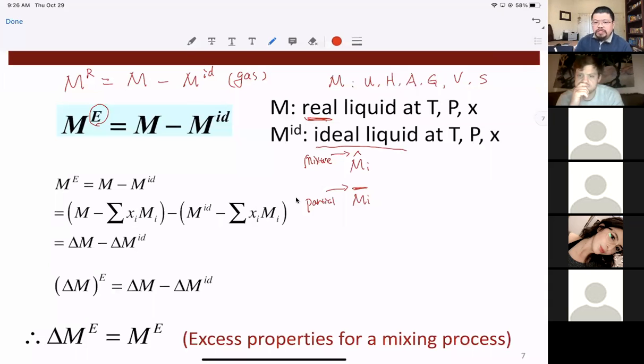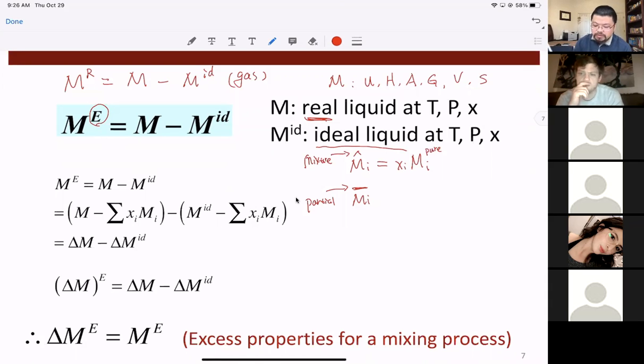So when we think about the ideal liquid, then if you somehow recall the Raoult's law, which is the property of the liquid component in the mixture is proportional to the molar fraction times Mi of the pure, right?